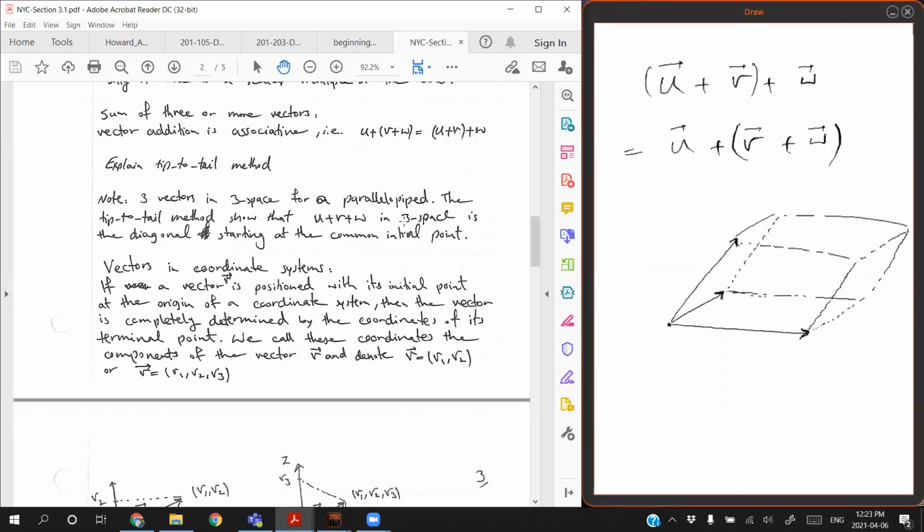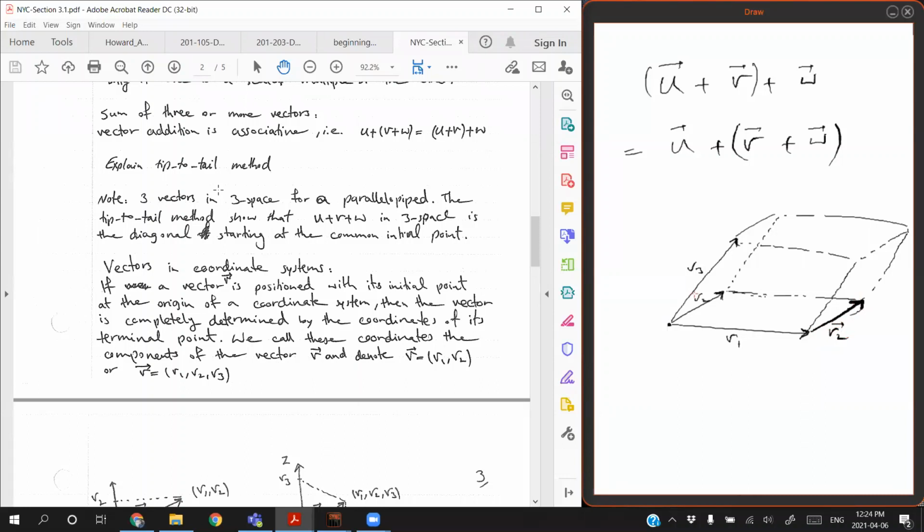And if you're using the tip to tail method in order to add up these vectors, so let's say this is called v1 and this is v2 and this is v3, and you want to add them up using the tip to tail method. So you have to bring v2 and move it here so that the initial point of v2 and the terminal point of v1 coincide. You get this vector over here. That would be the same as v2.